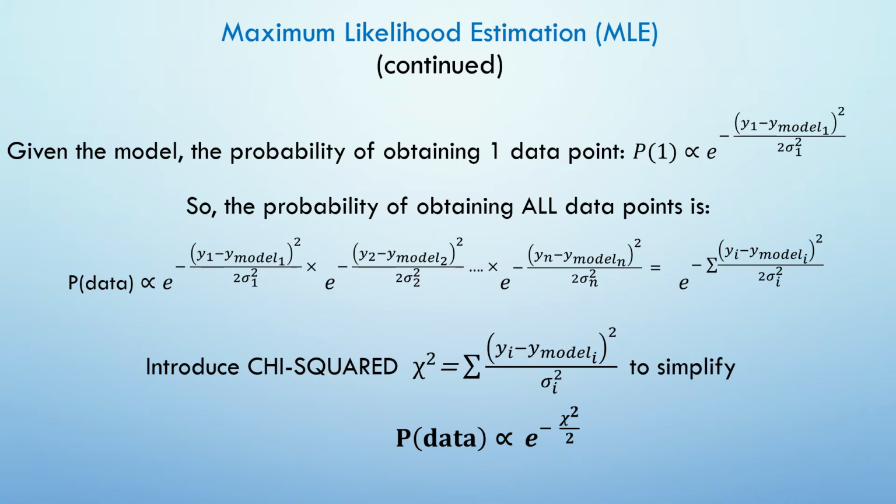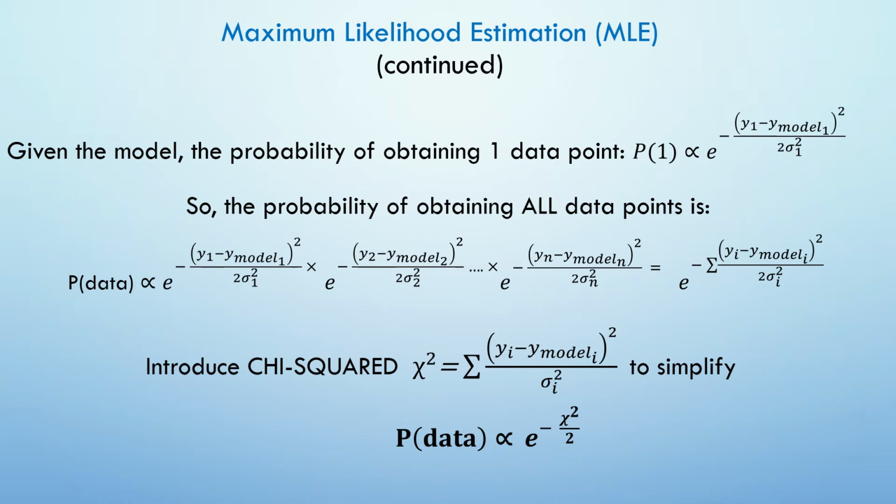In order to simplify that equation, we can define a new quantity called chi-squared, denoted by the square of the Greek letter chi. Note that in defining chi-squared, we left off the 2 in the denominator. That's intentional, though for reasons that may not be apparent yet.